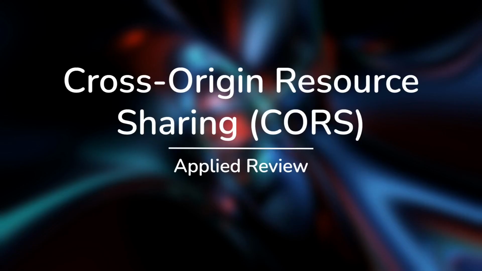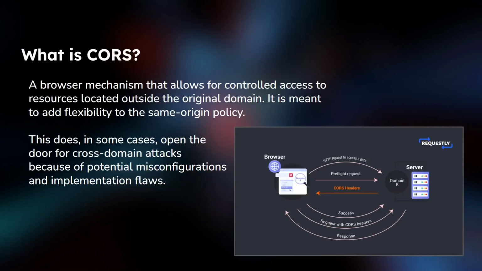But let's just talk about what it is first, so it makes a little more sense. It's a browser mechanism that lets you have controlled access to resources located outside of an original domain. What that means is, instead of just using a same origin policy or content security policy that's really restrictive, you have a little bit more freedom with how you're interacting with other domains.